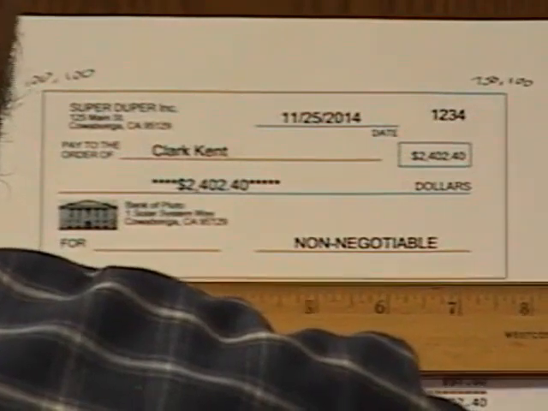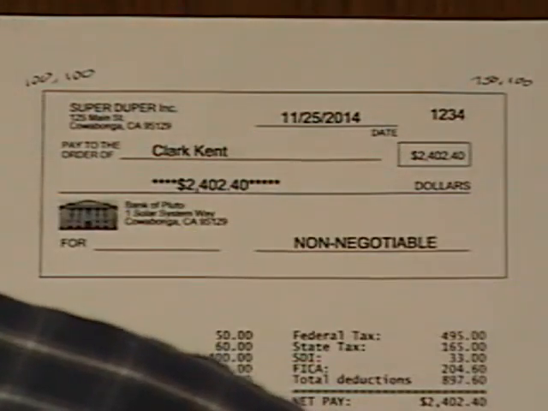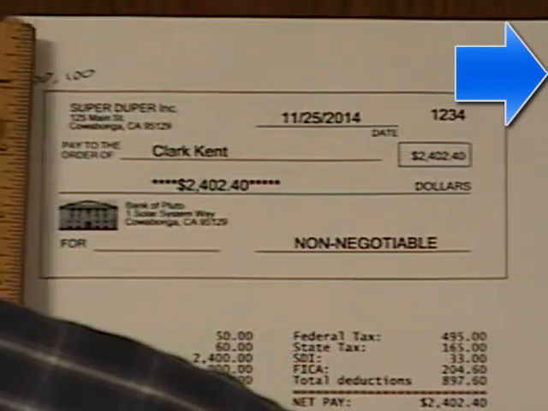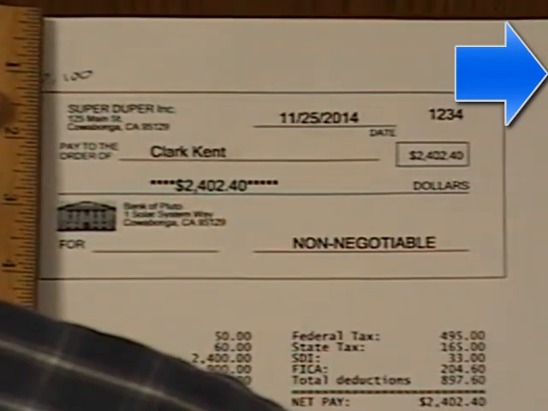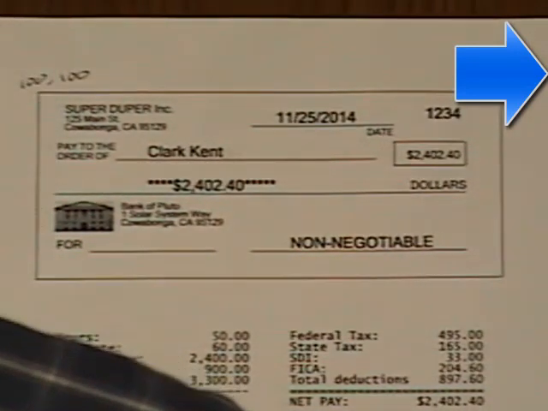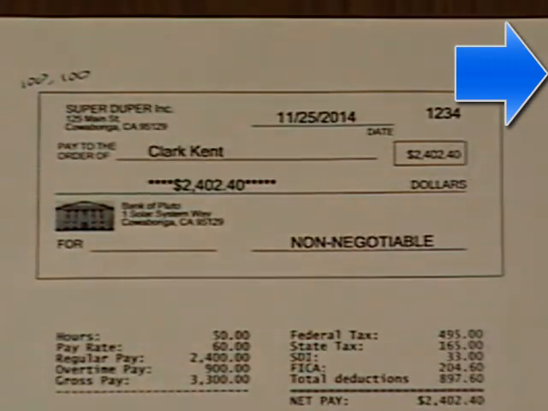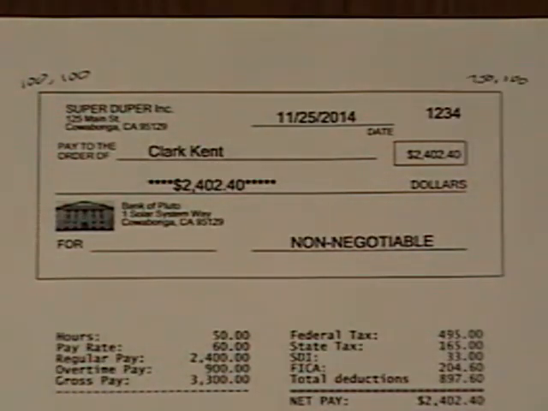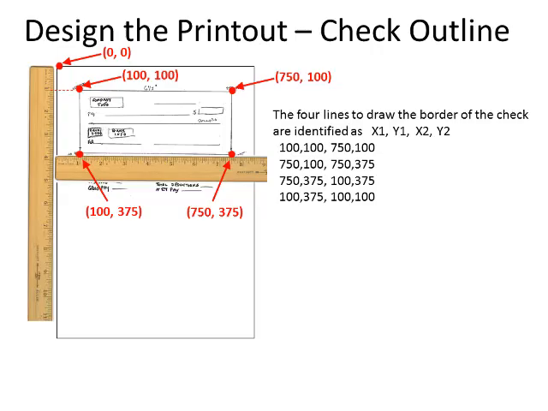since the check is 6.5 inches wide, the coordinate for the right-hand top corner of the check is 7.5 inches by 1 inch. The next line is 750, 100. The next coordinate is 7.5 by 1 inch.